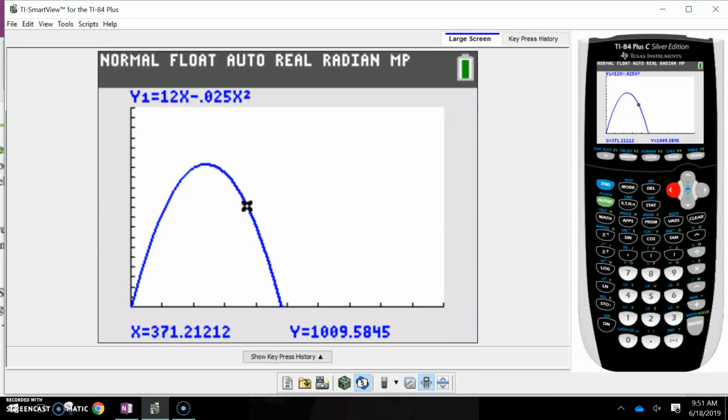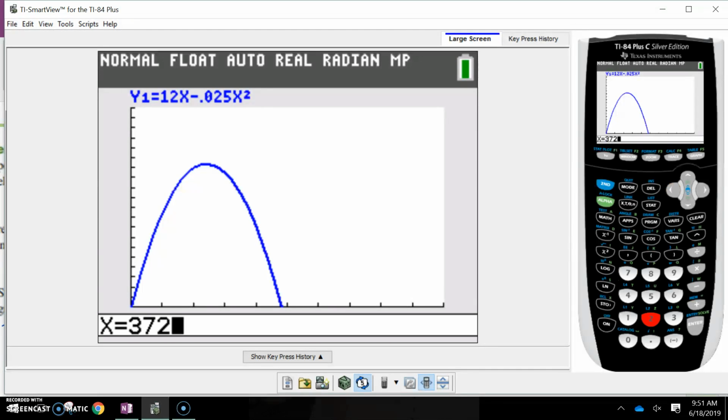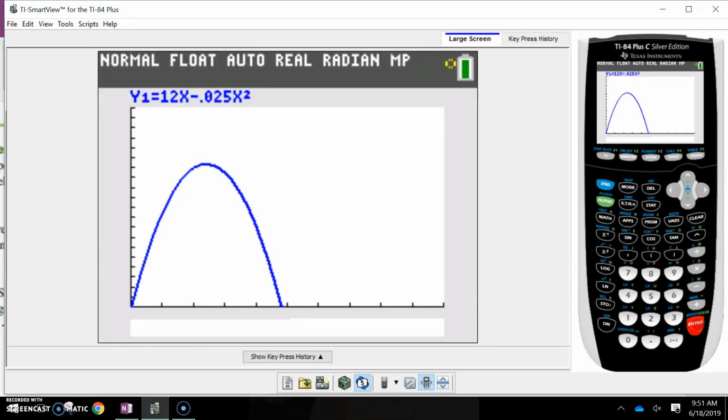It's a million. I could refine the X a little bit by typing in 372.665. I searched for this earlier, so I found it. So that's about as close to a million units as I can get right there.